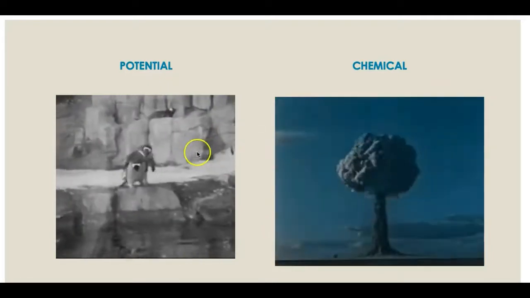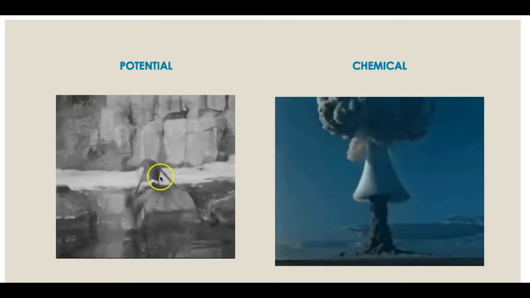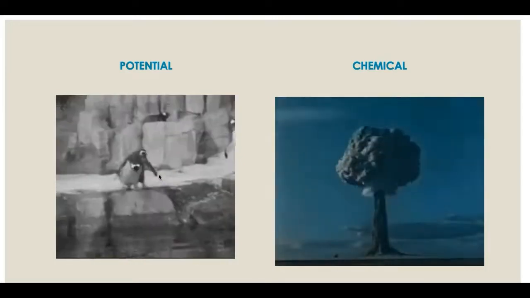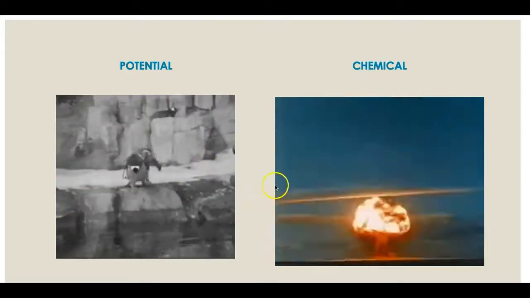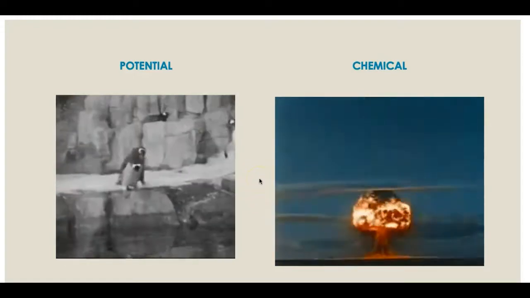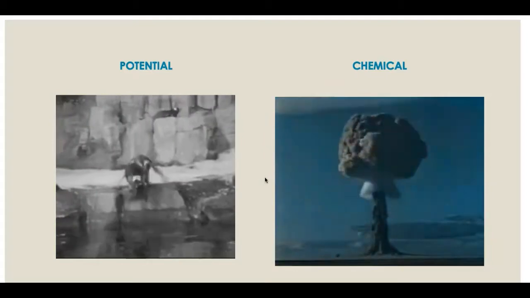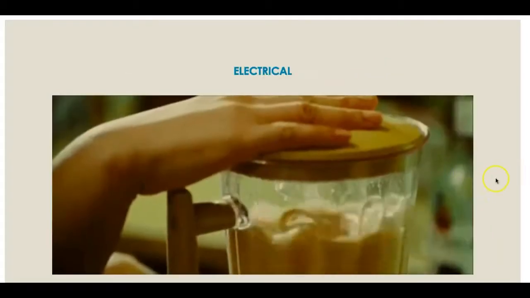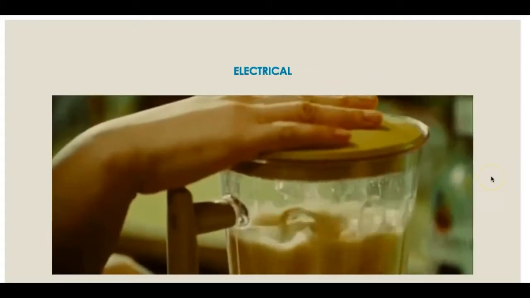In this GIF, the higher the location of the penguin, the higher the potential energy kept within. The fourth one is chemical energy. And finally, electrical energy.